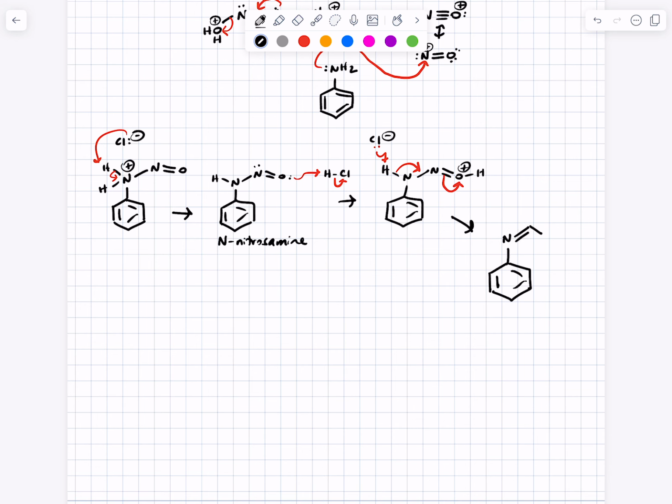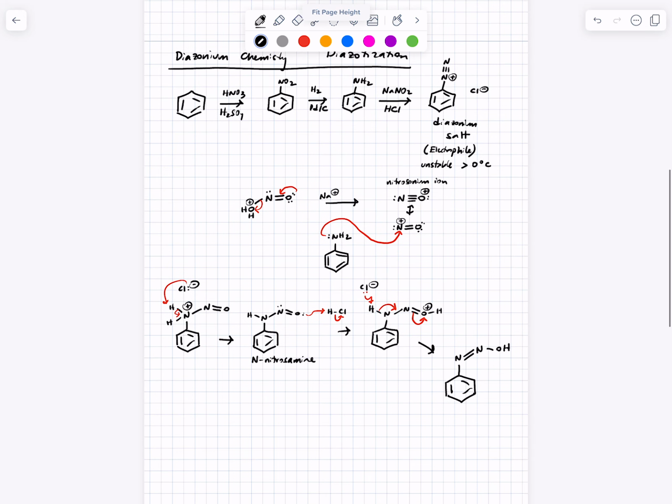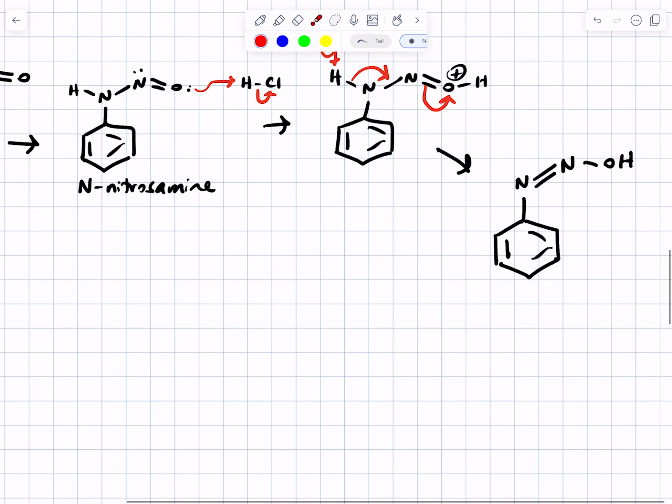And if you're looking at what we need to accomplish to get to that aryl diazonium salt, we need a nitrogen-nitrogen triple bond, right? You can sort of see where we're going now that we've made the nitrogen-nitrogen double bond.